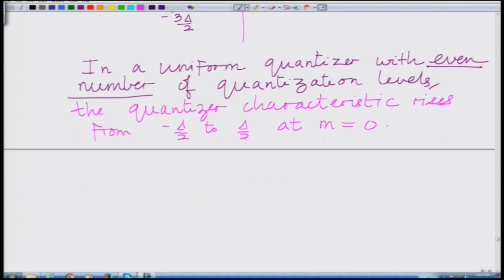This is therefore termed as a mid-rise quantizer.